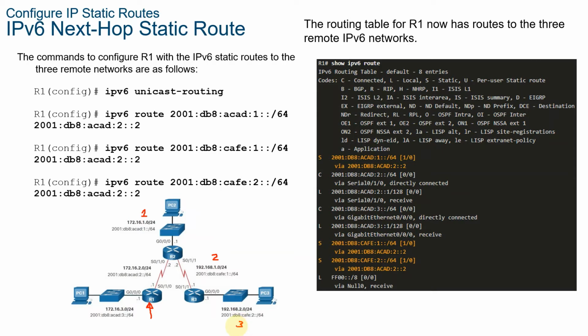All right. So when we define it, in IPv6, we have to use IPv6 unicast routing. So every time you configure a router for IPv6, you need to start or initialize IPv6 unicast routing. Don't forget this, otherwise you won't be able to configure any IPv6 configuration commands on a router.